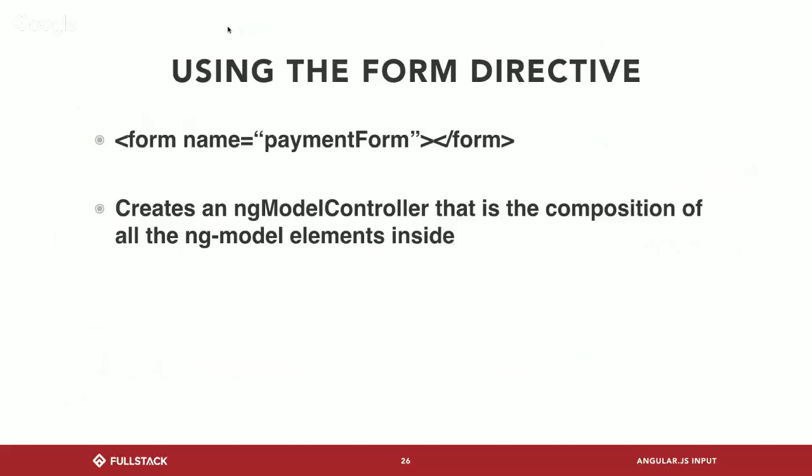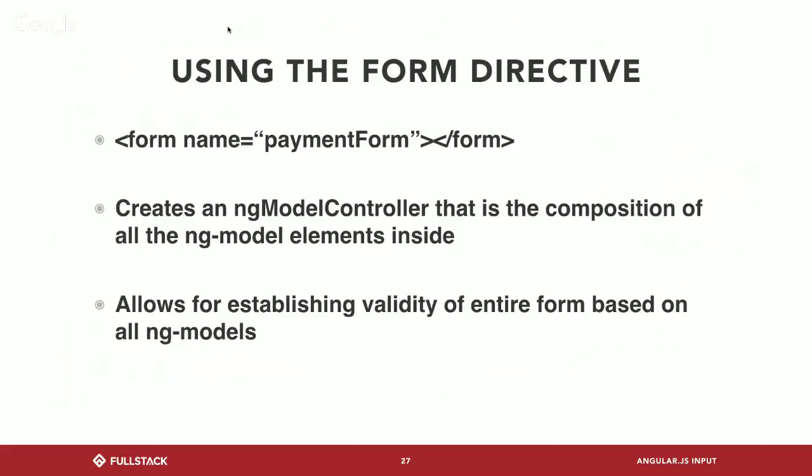So again, behind the scenes there's this model controller, and it's looking at this and composing the ng-models which are below it and determining whether or not they're valid by looking at the attributes on those inputs, whether or not they're required or not.